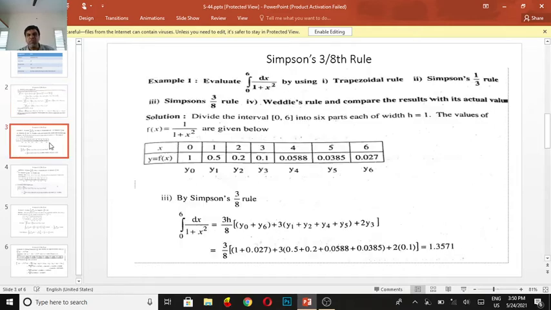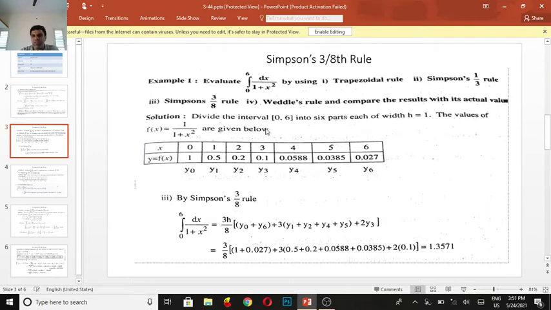Now we come to a few examples regarding Simpson's 3/8 rule. Evaluate the integral from 0 to 6 of dx divided by 1 plus x squared using Simpson's 3/8 rule. This problem was already discussed in the previous slides by the trapezoidal rule and the 1/3 rule, so in the same way we discuss it using the 3/8 rule.